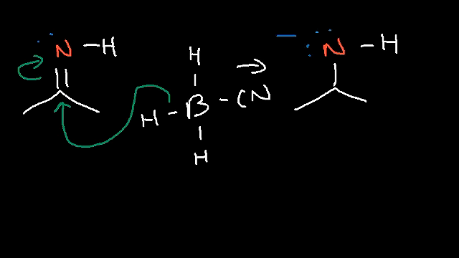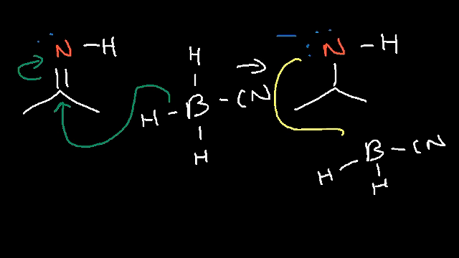Now this nitrogen with a negative charge has to bind to something. It could bind to the boron, which now has 3 bonds. And it could form an intermediate that looks like this.